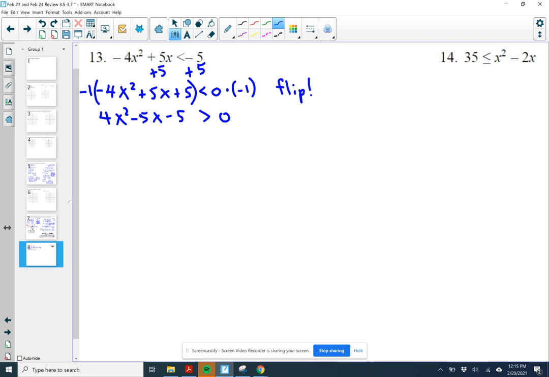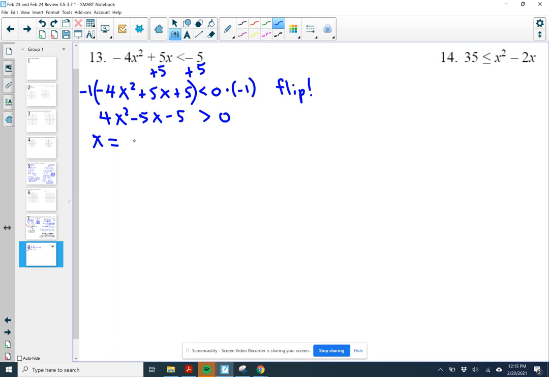So we have 4x squared minus 5x minus 5 is greater than 0. You can try factoring, but it's not going to factor. I can't find a combination that's going to work, so I'm going to use the quadratic formula. So x equals, try it, it doesn't work.